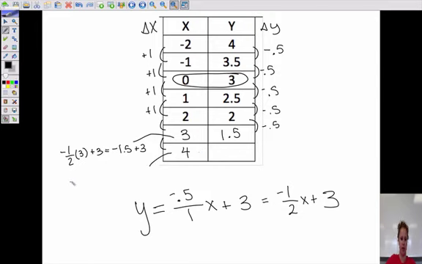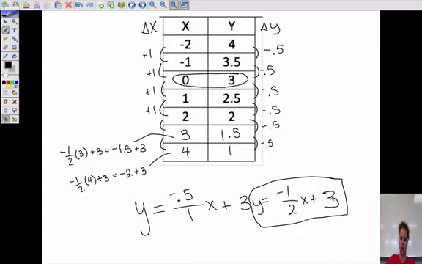If we plug this one in, negative 1/2 times 4 plus 3, well, negative 1/2 times 4 would be negative 2, plus 3 would be 1, and again that follows our trend, negative 0.5. So our equation here is y equals negative 1/2 x plus 3.